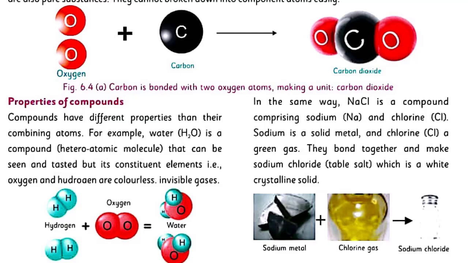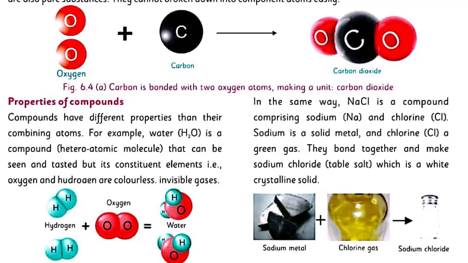Properties of compounds. Compounds have different properties than their combining atoms. For example, water is a compound that can be seen and tasted, but its constituent elements, i.e., oxygen and hydrogen, are colorless, invisible gases.